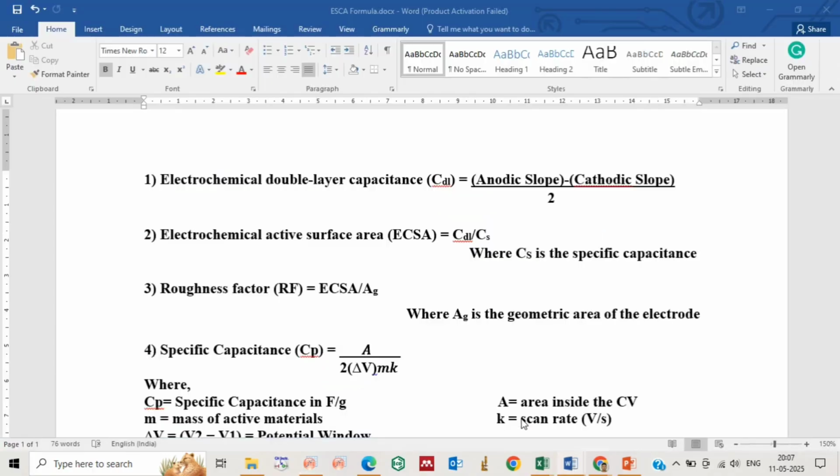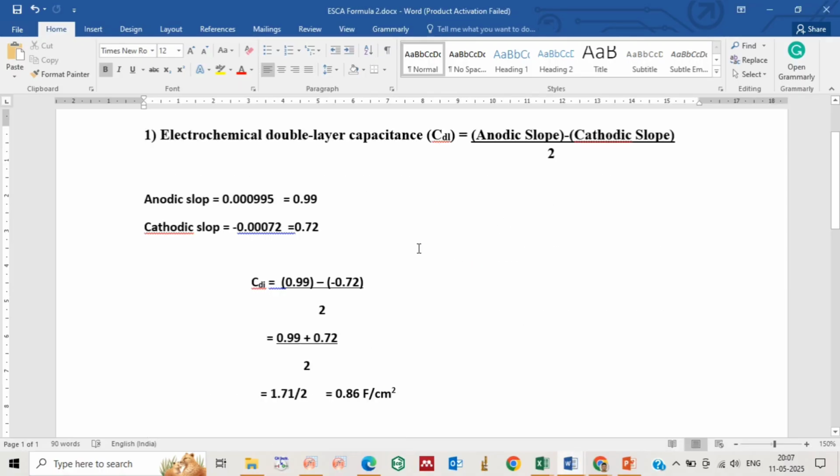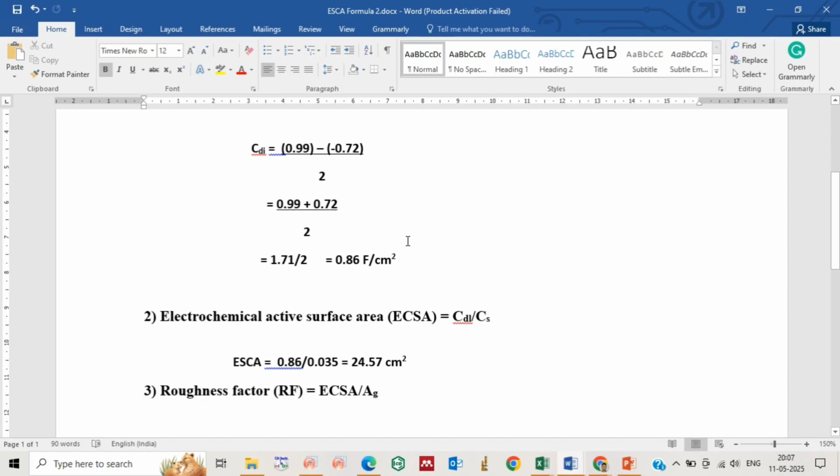Now the second calculation is electrochemically active surface area. So here we have now the double layer capacitance value and we need to divide it by specific capacitance. So this specific capacitance is different for different materials. From literature I know that for my electrode it is 0.035.